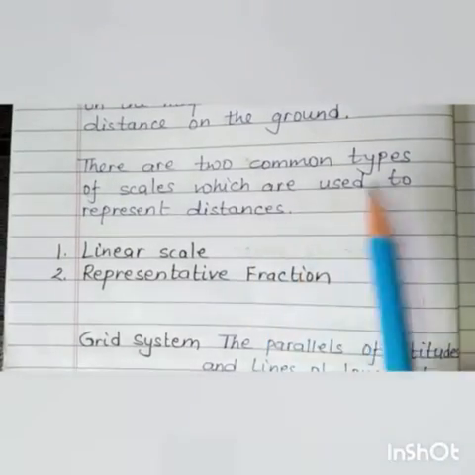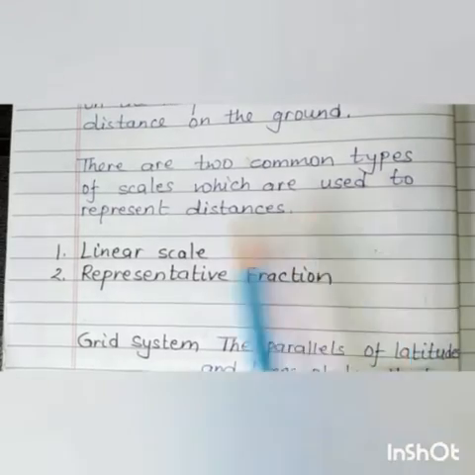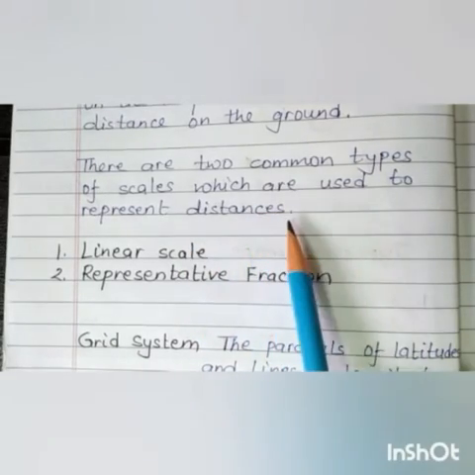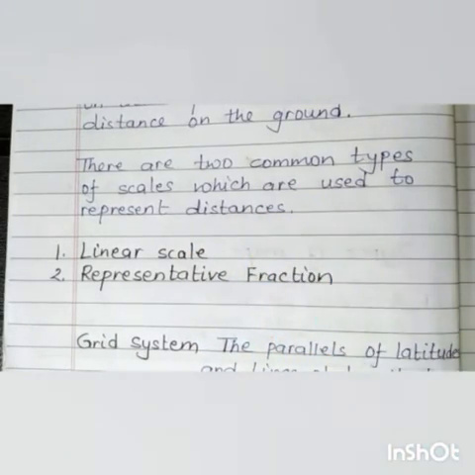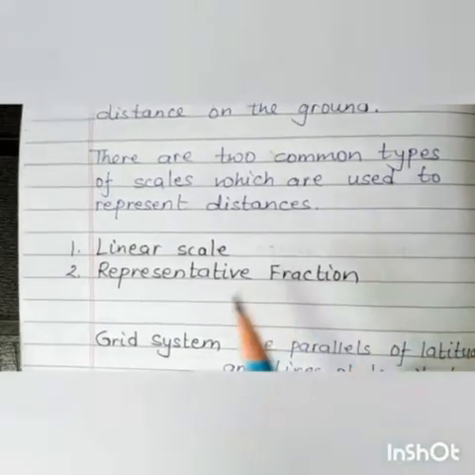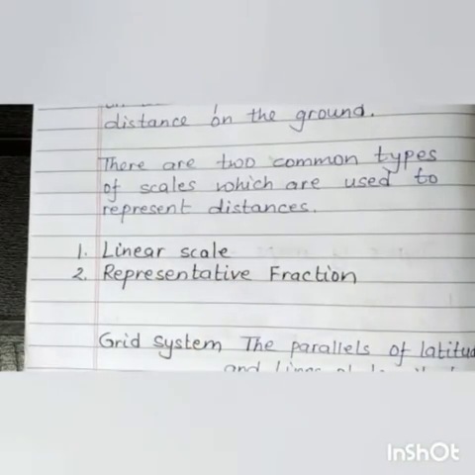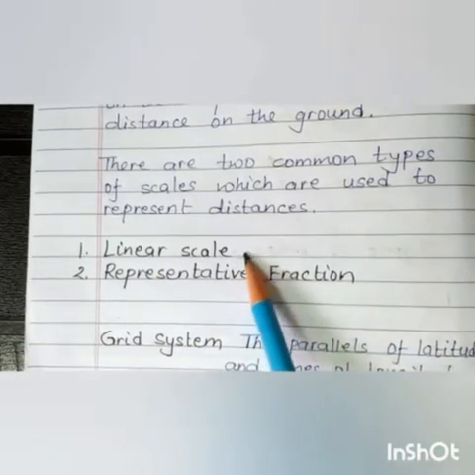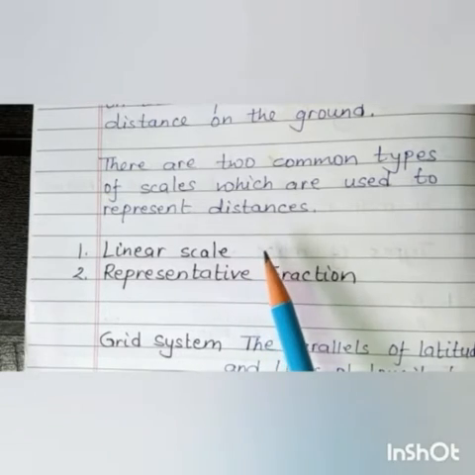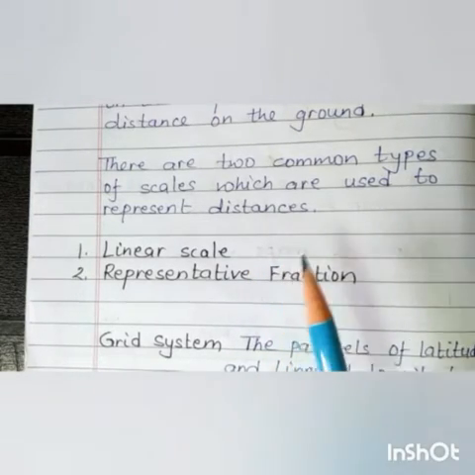There are two common types of scales which are used to represent distances. Generally, there are many types of scale, but two are common. First, the linear scale. This is the easiest method of describing a map scale.